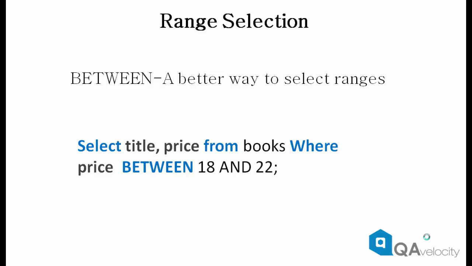Let's write the same query of books price between 18 and 22 using BETWEEN. If you see our query, select title, price from books where price between 18 and 22. So it's a better way to select a range. Whenever you need to write a query to select ranges, use BETWEEN.